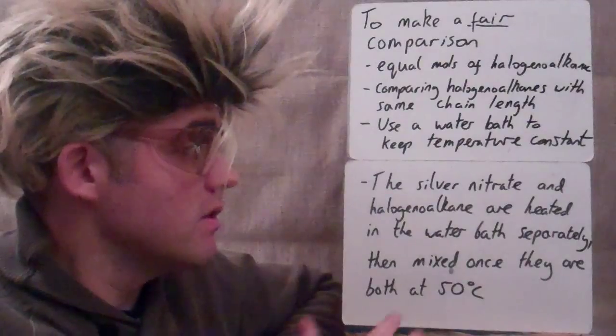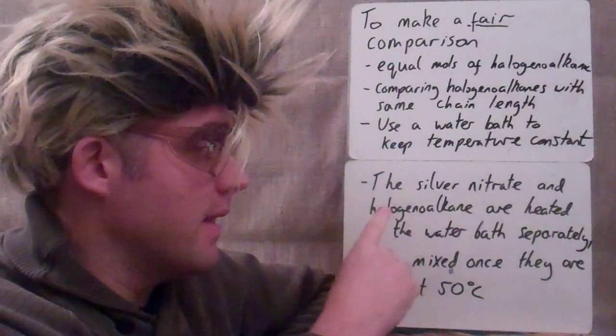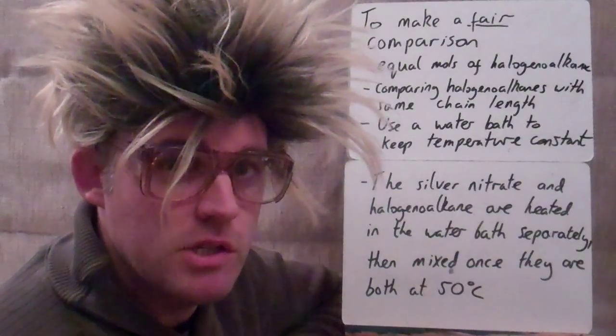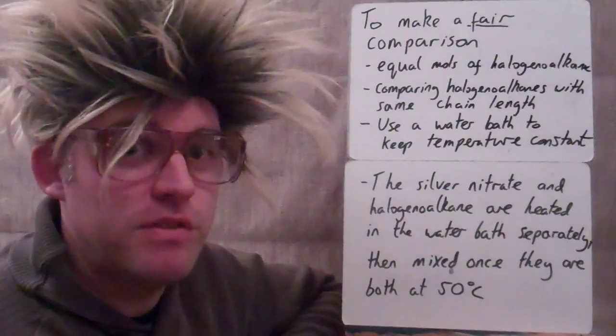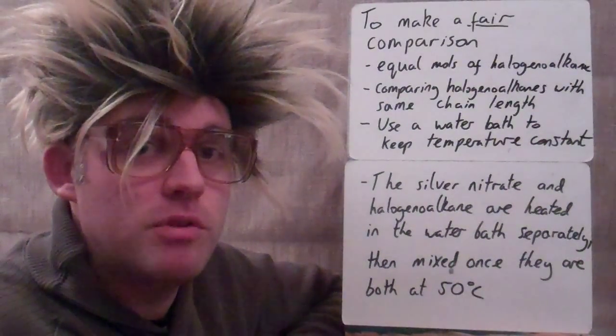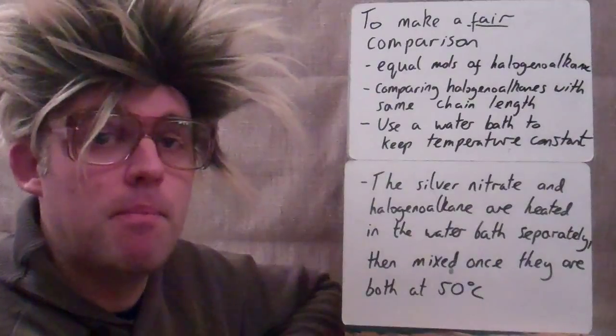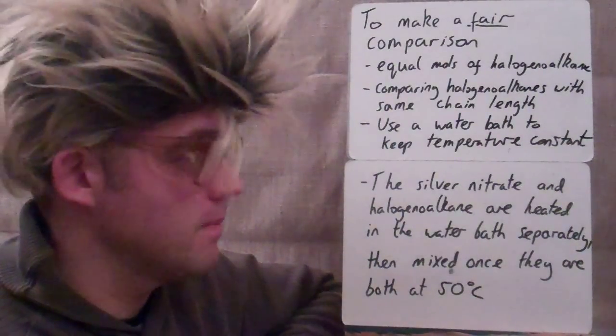So the silver nitrate that we're going to use, and the halogenoalkane, are going to be heated separately in the water bath in separate test tubes. And then once they both get to the same temperature, so about 50 degrees, we're then going to mix them together. Okay? So we're not having one that's at 50 degrees and the other one out at room temperature or whatever temperature and then mixing it. They're both at 50 degrees before we mix it. Okay?